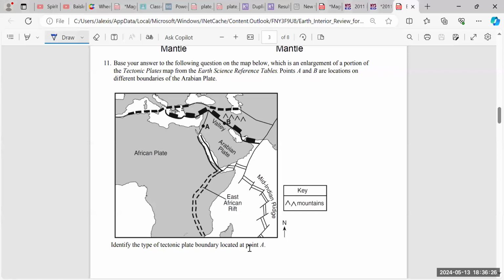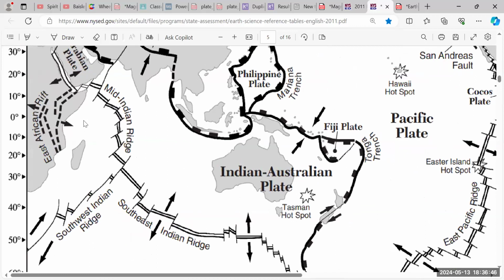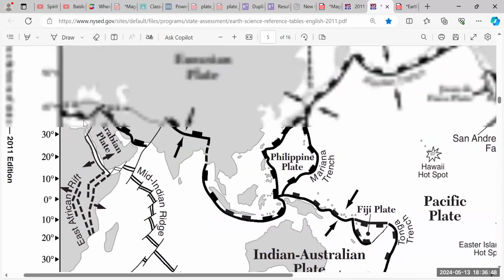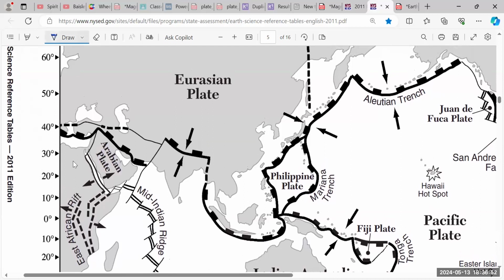So where point A is, it looks like it's a little bit diagonal between the African and Arabian plate, right? So I want to identify where point A would be on page 5 of the reference tables. The Arabian plate is here. The African plate is on this side.